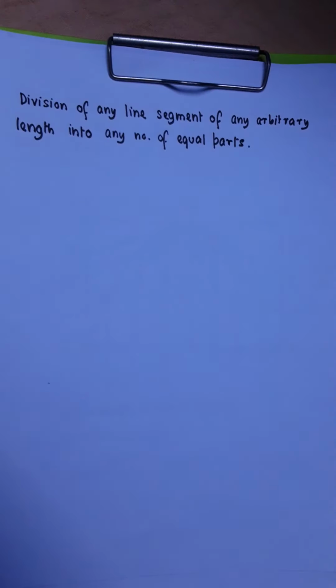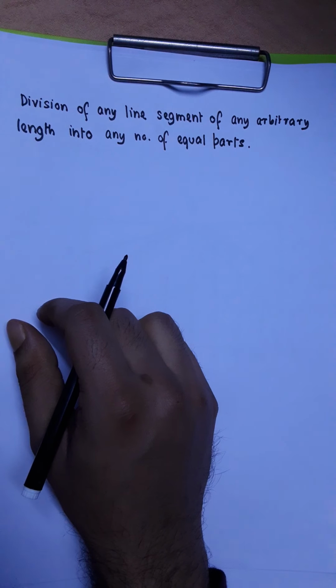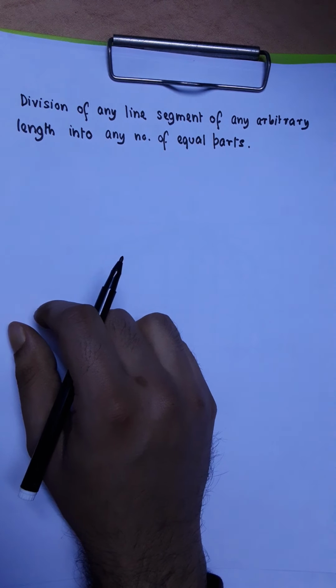This is a purely geometrical construction technique which you have to learn and be thorough with. Now many times what happens, you are provided with a line segment of such a length and you have to divide it into such a number of equal parts that it is very easily possible by counting the graduations of your ruler.